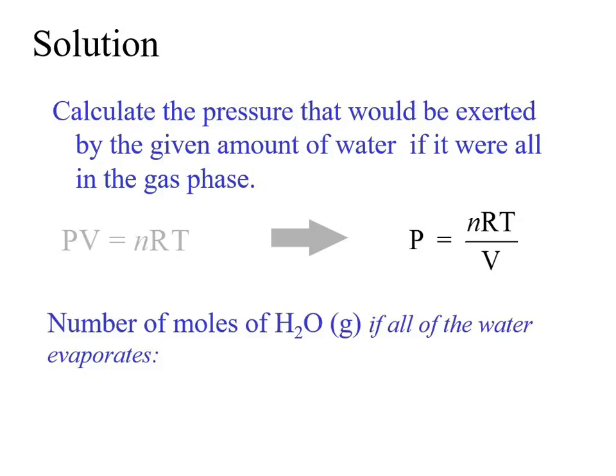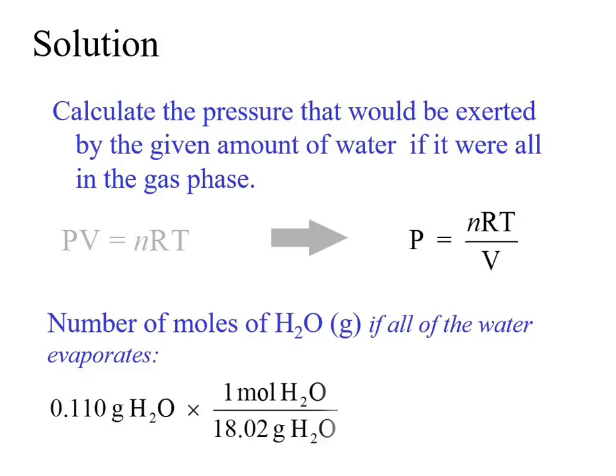We have some fixing up to do. One of them is that we have to get n, and we get n from the mass of water. I was a big stickler, and I still am: you have to show me calculating the molar mass of water, which you probably know by memory, 18.02 grams per mole. So if our first term is mass, 0.110 grams over 1, then we use the flipped version of the molar mass, 1 mole of H2O over 18.02 grams of H2O.